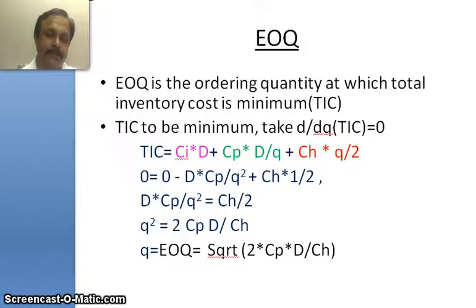If you differentiate this equation with respect to Q and equate it to 0, you get 0 is equal to 0 minus D into CP by Q square plus CH into 1 by 2. After simplifying, you get Q is equal to square root of 2 into CP into D by CH.